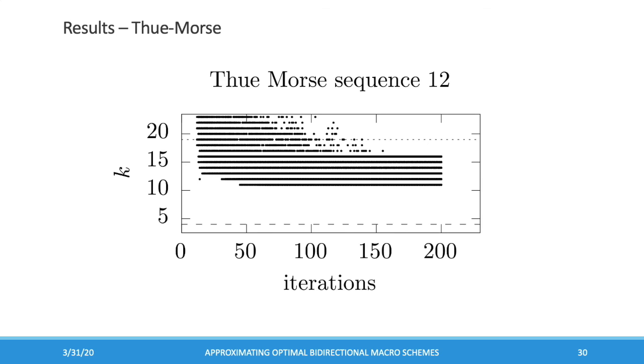For the Thue-Morse sequence, our approach produces macro schemes much smaller than Lempel-Ziv, but we do not obtain the two-approximation condition. For this example, the minimum value that we obtain is 11, so the size of the macro scheme is 11, and the lower bound that we know for this sequence is 4, so we don't achieve the two-approximation condition.